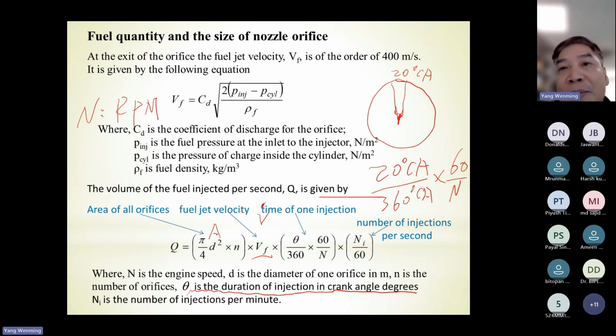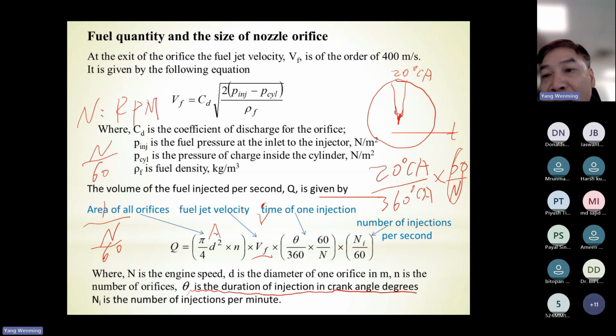So RPM is revolutions per minute, correct? So n divided by 60 becomes revolutions per second. Then 1 divided by n over 60 becomes the time for one revolution. So 60 divided by n is the time for one revolution. Then this times the fraction becomes the time for one injection.